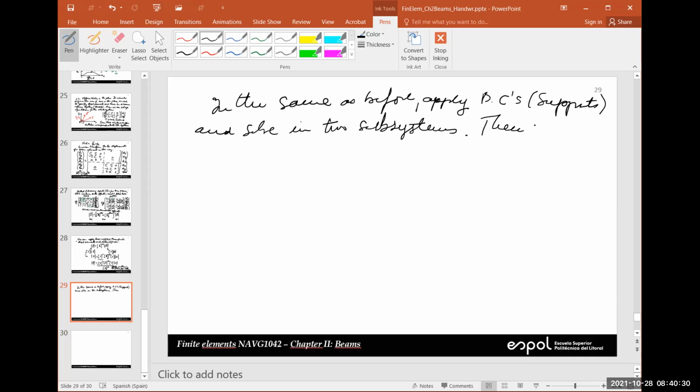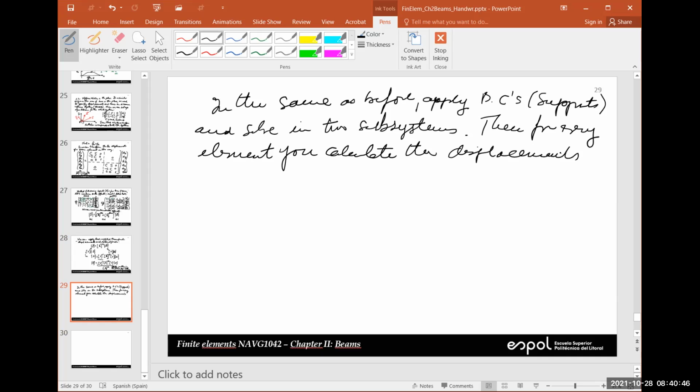Then, for every element, you calculate the displacement in its local reference system. You do this using the matrix T. That matrix T, remember, is different for every element because the theta angle is different.